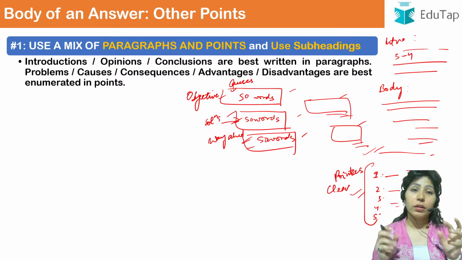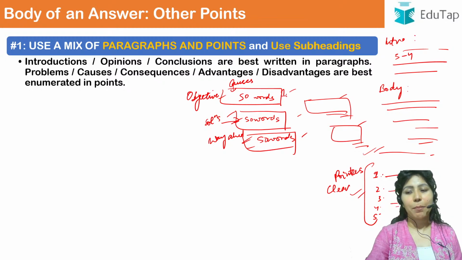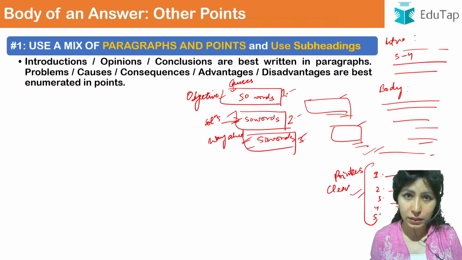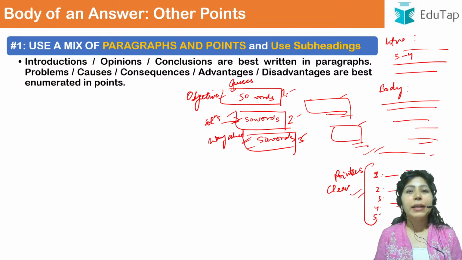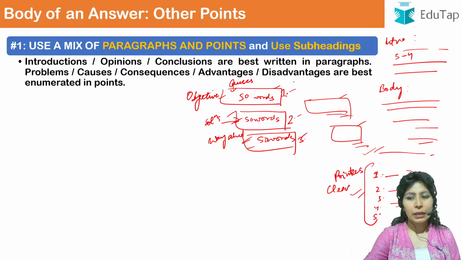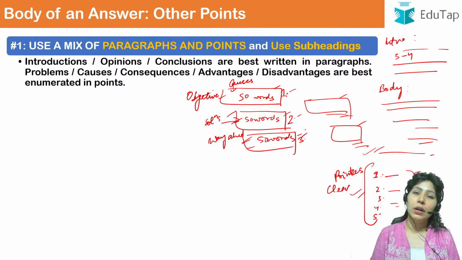Or if it is an ethics question and there are three examples you're putting, then example 1 needs to be in paragraph 1, example 2 in paragraph 2, and example 3 in paragraph 3, if these examples are taking at least 50 words of yours. Or if there are different interpretations of a theory, then interpretation 1 in body paragraph 1, interpretation 2 in the second paragraph, and interpretation 3 in the third paragraph.